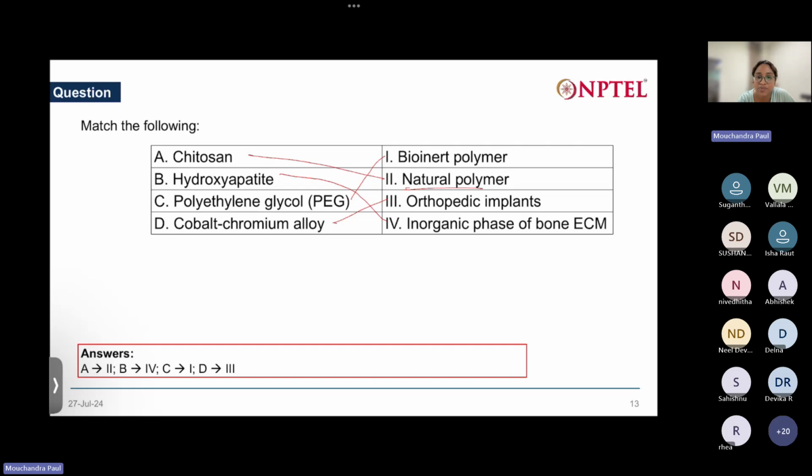I'll discuss briefly why this material is bio-inert in nature. As I told you, in order to interact with the substrate, cells need cell binding sites, for example RGD sites, because it is the integrin receptors present on the cell surface which can recognize these sites. So the first thing is, this polymer is not going to have those cell binding sites, which is why cells cannot recognize it.